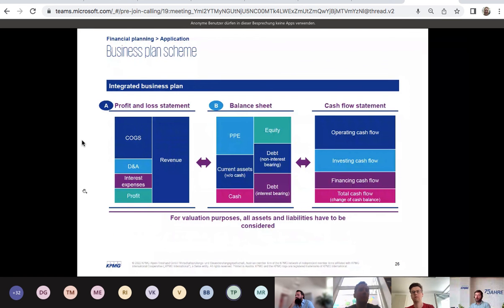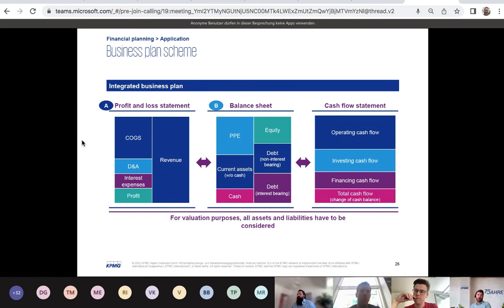And here you see also what we mean with integrated business plan. We tried to highlight all of the interactions between profit and loss statement, balance sheet, and cash flow statement with the color coding.